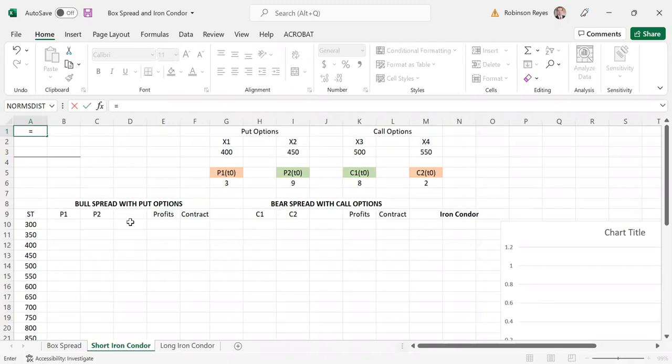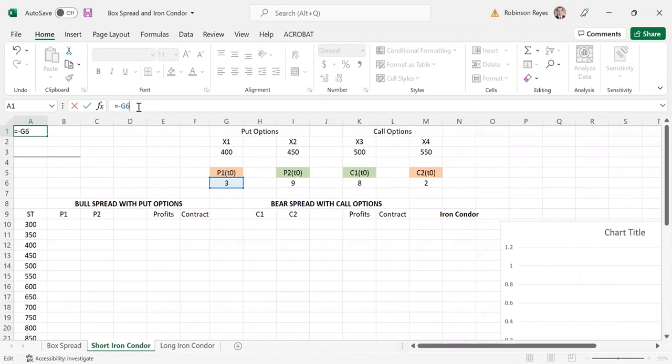If we're forming the bull spread, then we're buying the low strike and we're selling the high strike. We're using put options for the bull spread. So we're buying the low strike, and this should be negative, right? We're buying at the premium.